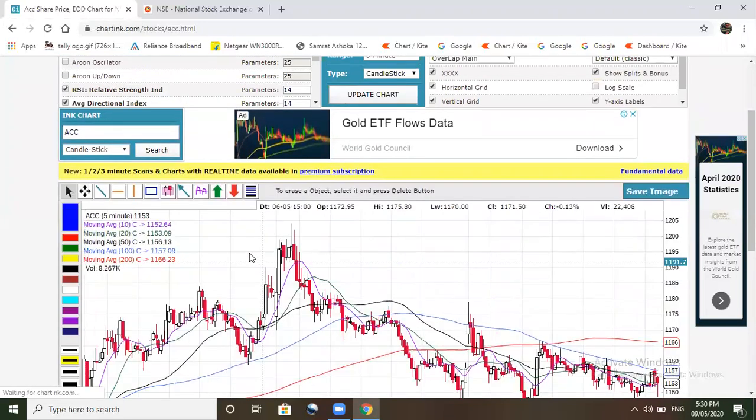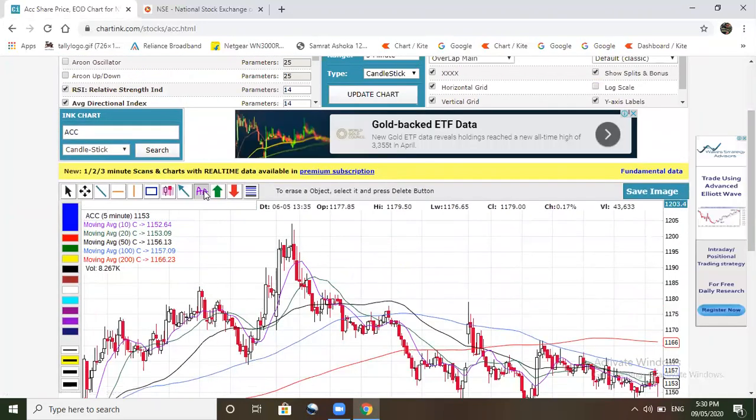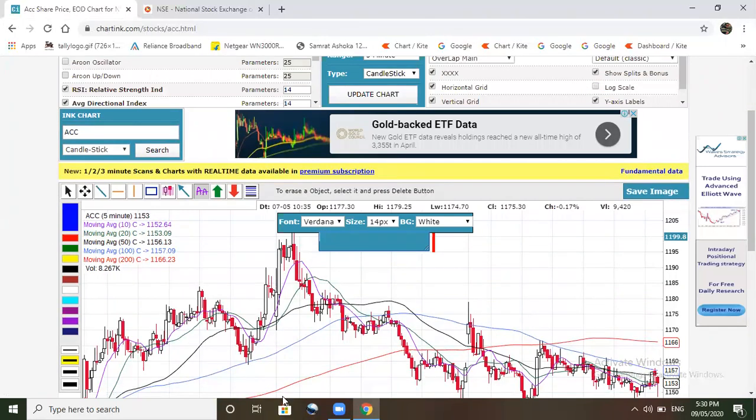Now the next condition is for put side. If OI is increasing on put side and price is decreasing, then you can say that it is long buildup on put side.